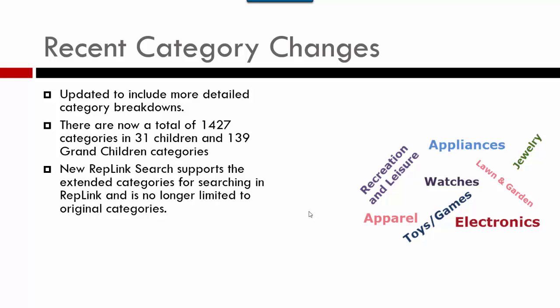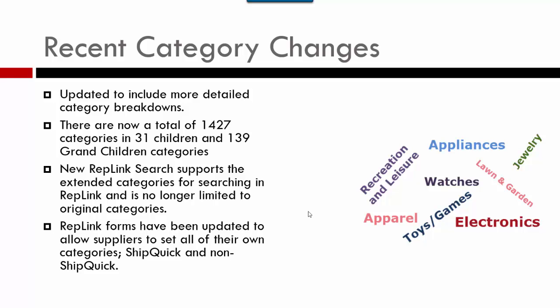And so it's time for suppliers to begin marking all of their products with these new, previously known as ShipQuick categories, now just the RepLink categories. We've updated the RepLink forms to allow suppliers to set all of your own categories, both ShipQuick and non-ShipQuick.